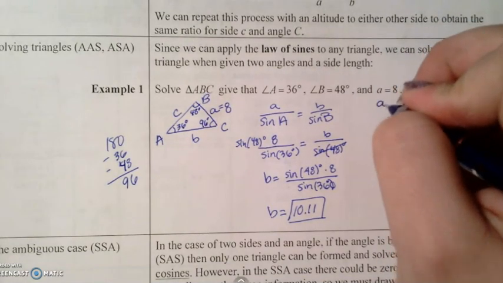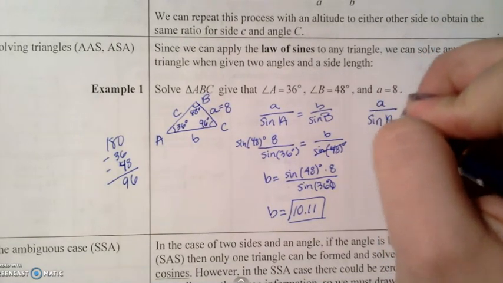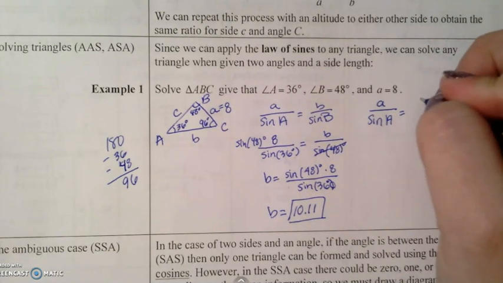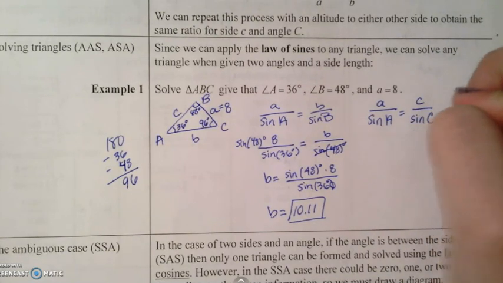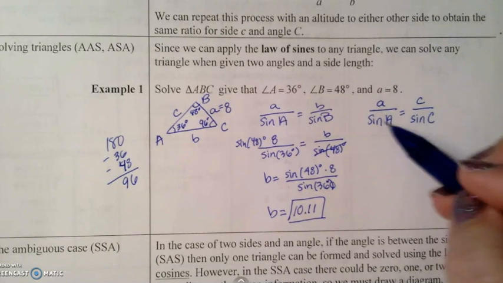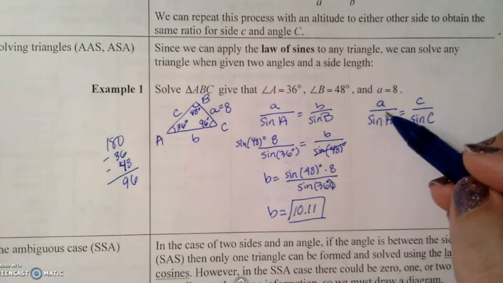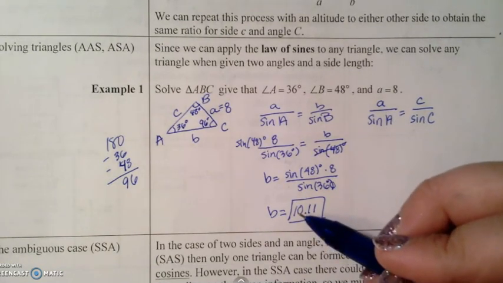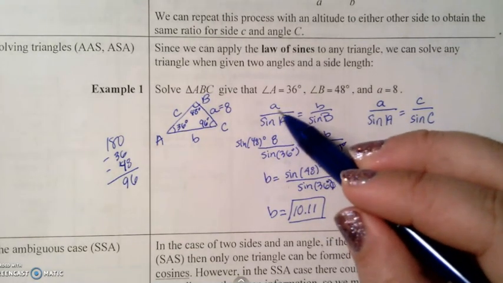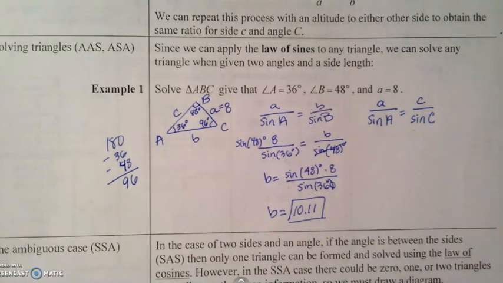So I'm going to use a divided by sine of A equals c divided by sine of C. Now the reason I'm choosing to use the ratio with a instead of b is because we had to round b. So to get the most exact answer, we'll use what was already given to us that we know exactly.